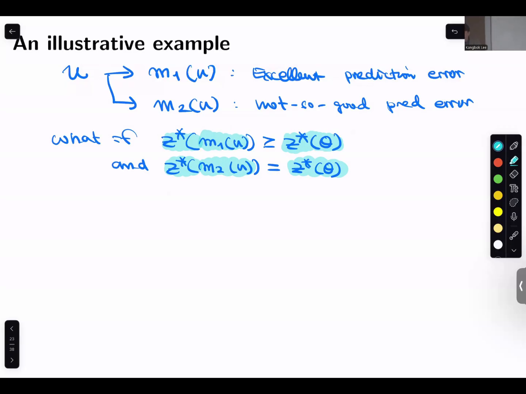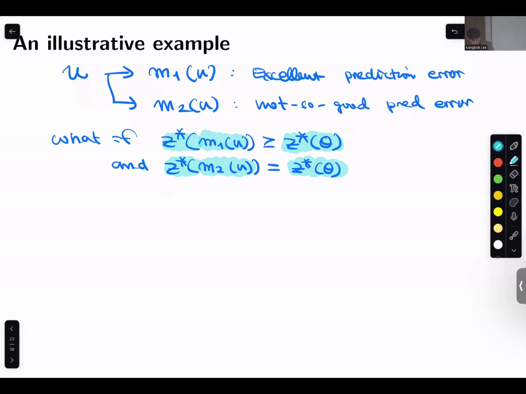It's exactly the same as the true-parameter-based objective value. You can see what's happening here. Prediction-wise, M1 is better, but when you actually use it, it's poorer than the true optimal value, whereas M2 outperformed in terms of the difference from the true optimal value. And this can happen.